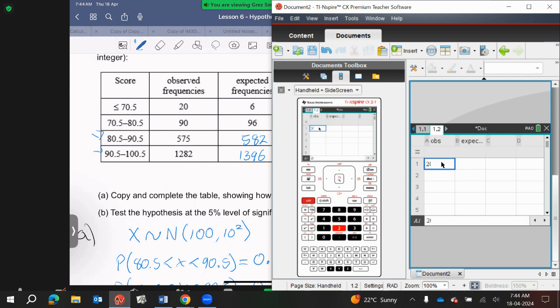Type the information in: 20, 90, 575, 1282, 1450, 499, and 84. Then the expected: 696, 582, 1396, 1333, 507, 80.